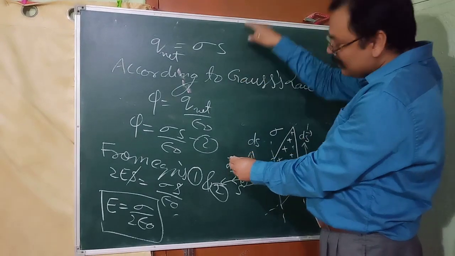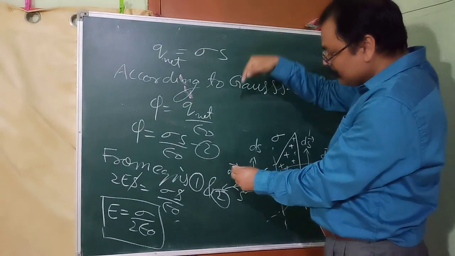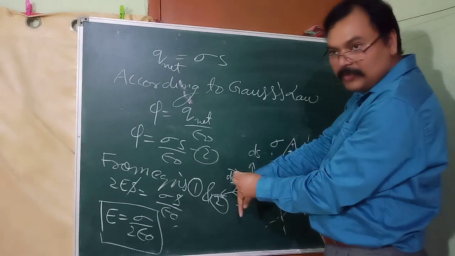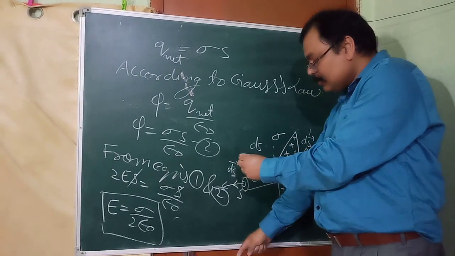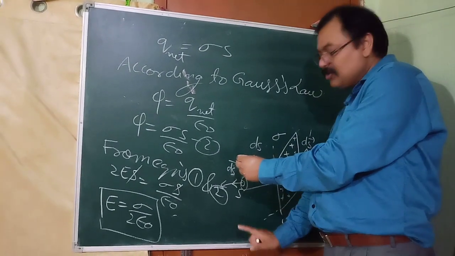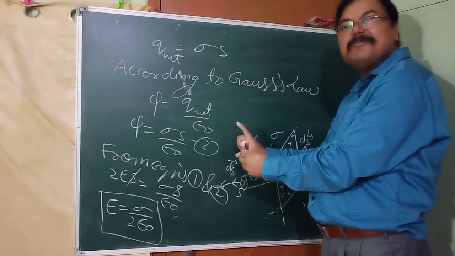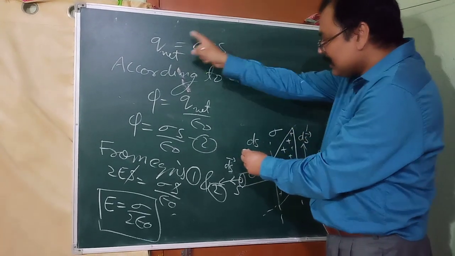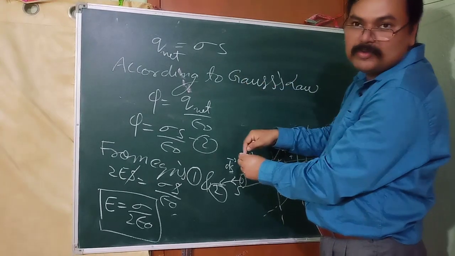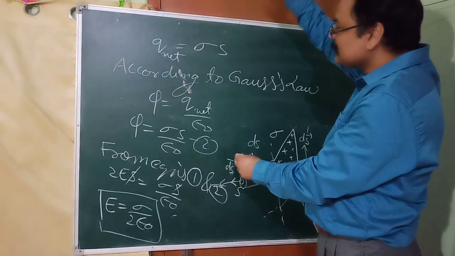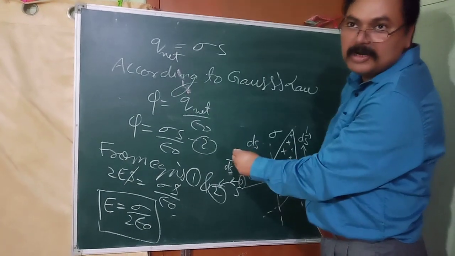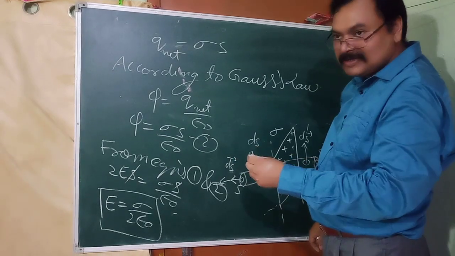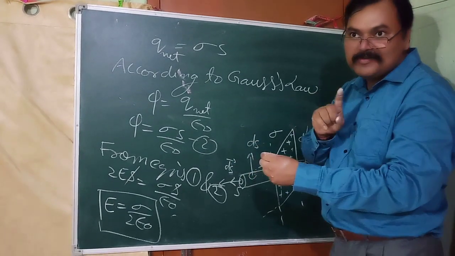Now, if you go far away, the electric field will be directed downward only. And if you go downward, you will find charges which give electric field in the upward direction. So both will balance each other. That means charges within a certain distance only contribute to the electric field, and charges much farther away do not contribute. But as you increase the distance, the electric field due to the nearer charges will decrease.